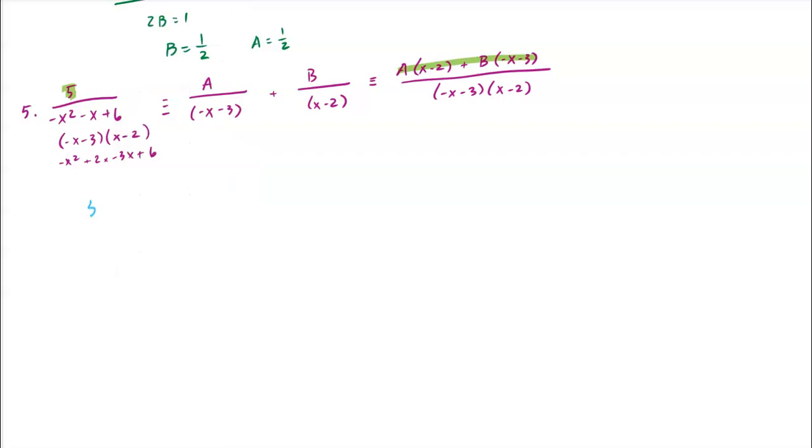So we have 5 equals a times x minus 2 plus b times negative x minus 3. Go ahead and rewrite this as 0x plus 5 equals ax minus 2a minus bx minus 3b.